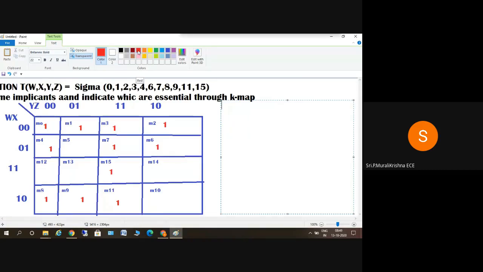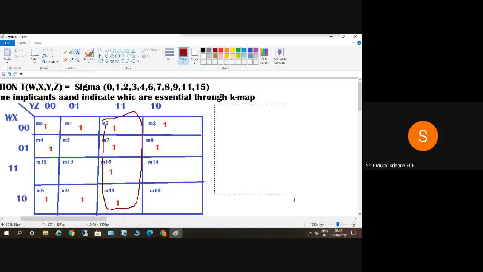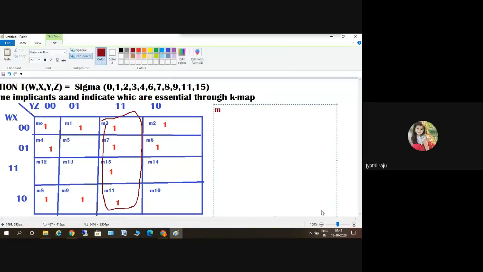So we can group with the quads. This is one quad. Quad 1: minterms 3, 7, 11, 15 form a quad.